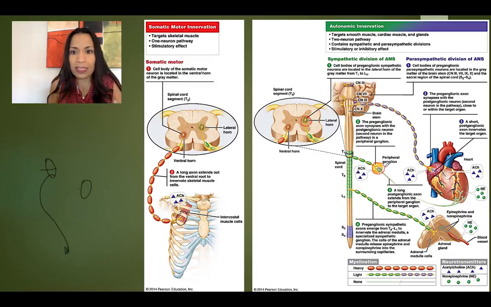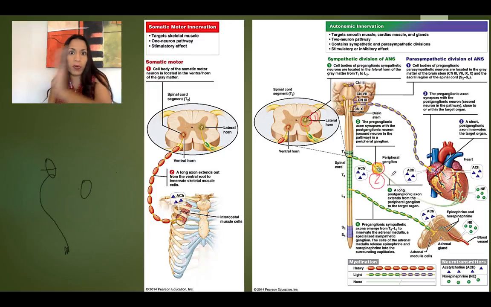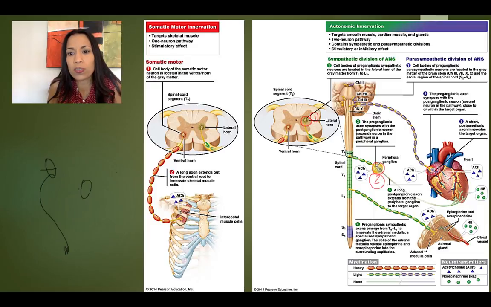So far, see that we have described one neuron in here in the central nervous system and a second neuron in here in the peripheral nervous system, in a ganglia. They can be either close or not that close to the target organ, okay? And in here, there's of course a synapse between this first neuron and the second neuron.